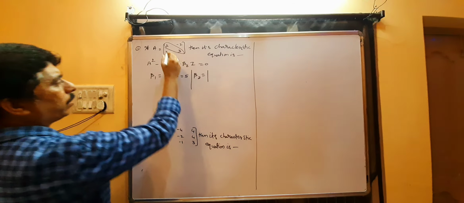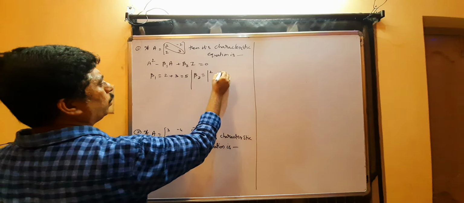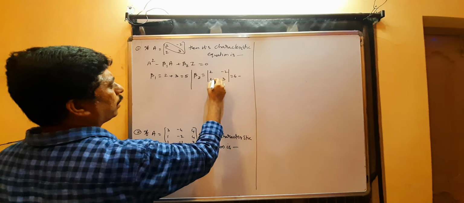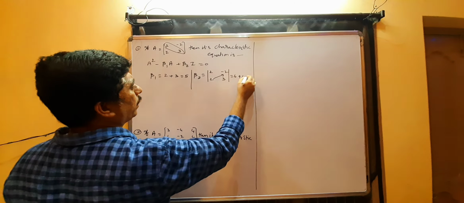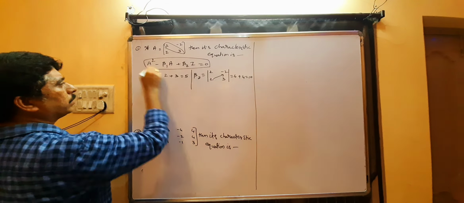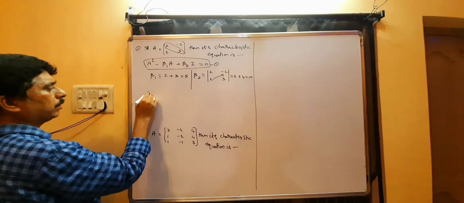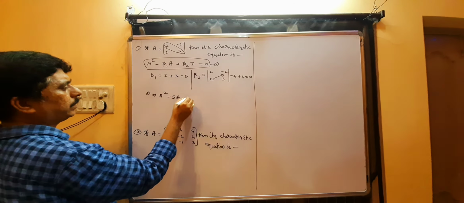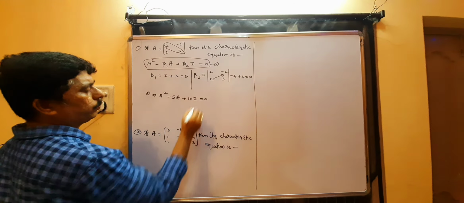Beta 2 means the determinant of the 2 by 2 matrix, that is 2 minus 2, 2, 3. We get 6 minus of minus 4, 6 plus 4, 10. So the equation becomes A square minus 5A plus 10I equal to 0.